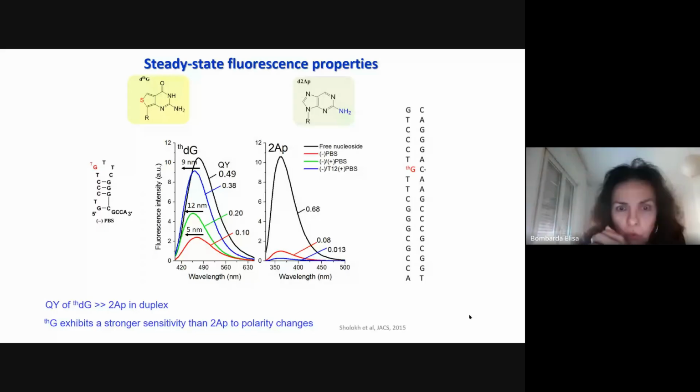Good. So the steady state fluorescence properties are better in thienoguanosine.